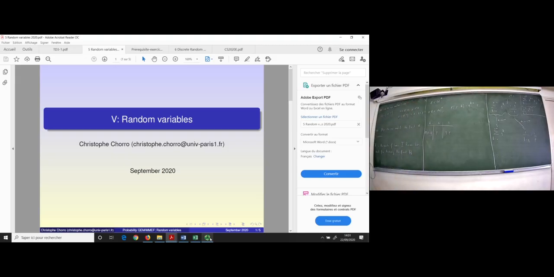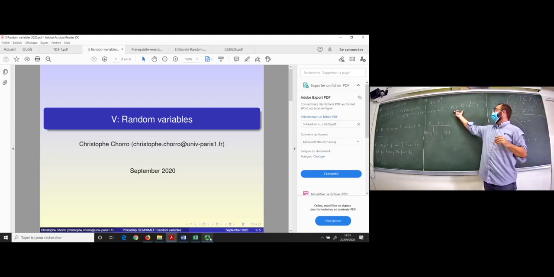So I repeat, once again, you have a situation with a starting point that is a random experiment, this one. I define a mapping depending on this random experiment. And then I just remark that I can define a new probability, the one that will be related to these quantities here.